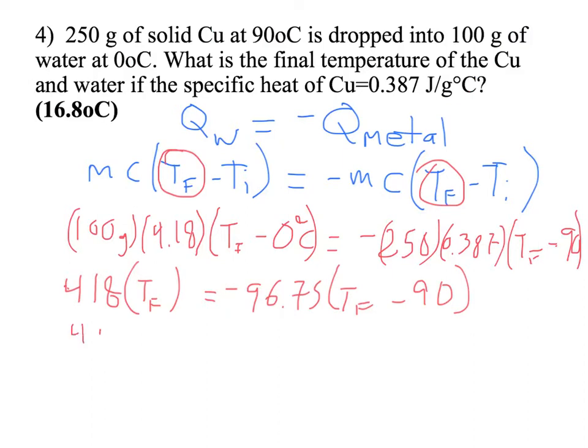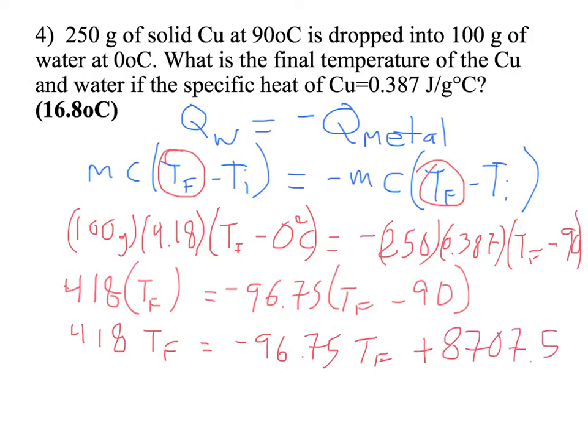So 418 TF is equal to minus 96.75 TF. And now the minus sign multiplied by minus 90, when we distribute this, becomes a plus, and that is 8707.5. So now what we have to do is get all of the TFs on one side.